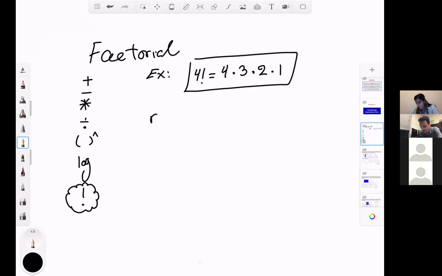If we have n factorial for any number, the definition is you take n, then multiply by n minus 1, then n minus 2, n minus 3, and continue until you get to 1. We are not dealing with negative numbers, we're always positive.